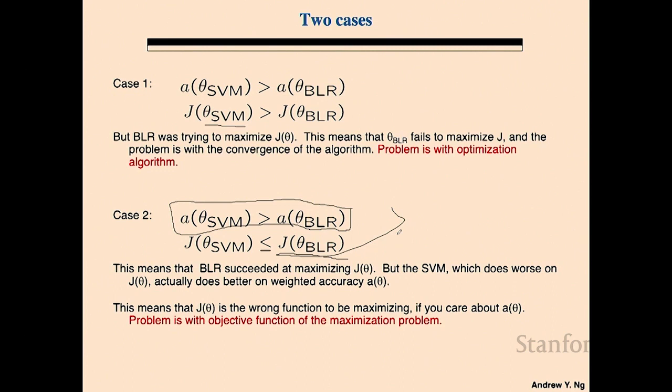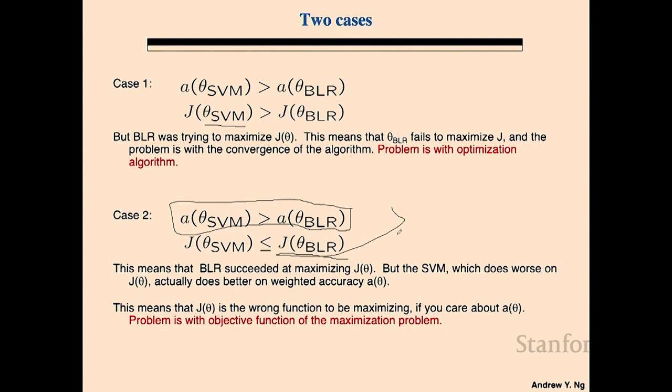But if you look at these two equations in combination, the SVM does worse on the cost function J, but it does better on the thing you actually care about, A of theta. So what these two equations in combination tell you is that having the highest value for J of theta does not correspond to having the best possible value for A of theta.